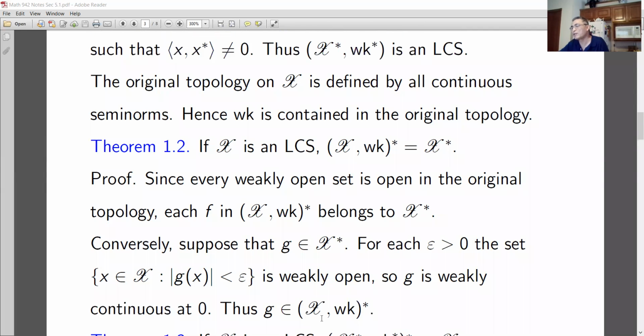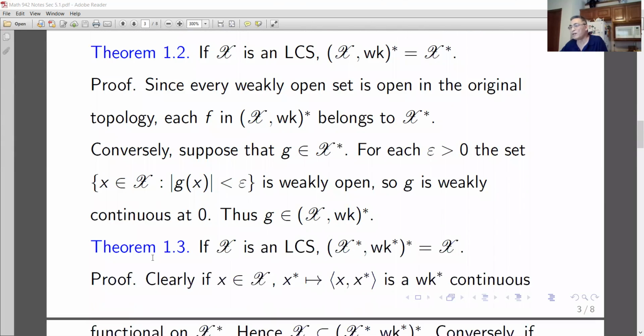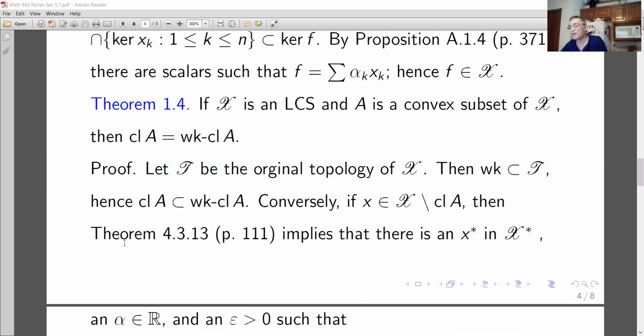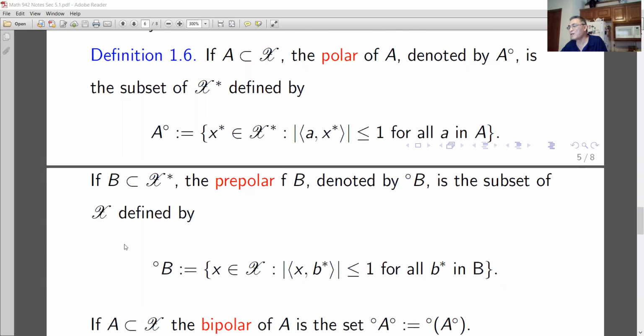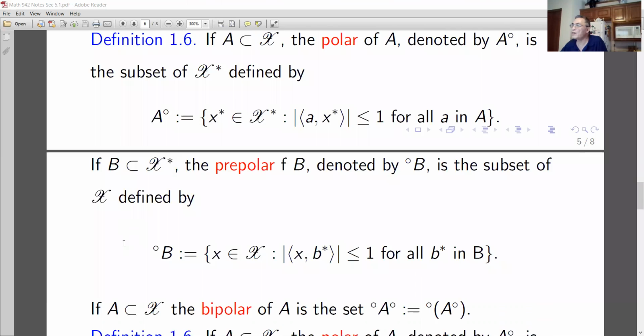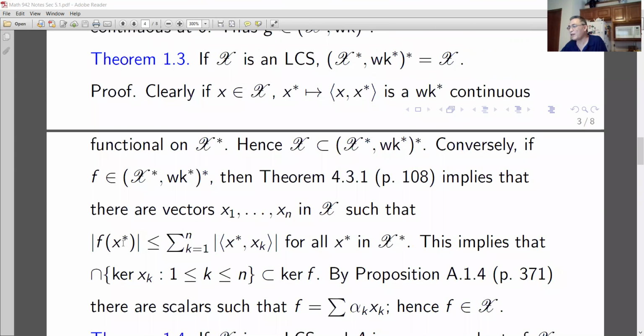So we have proved Theorem 1.2. I think we stop here. That is for today.